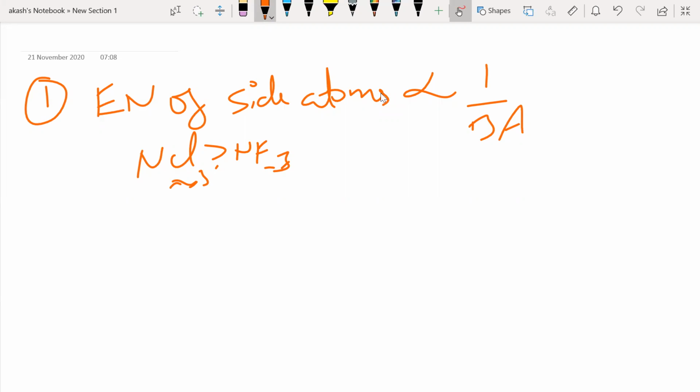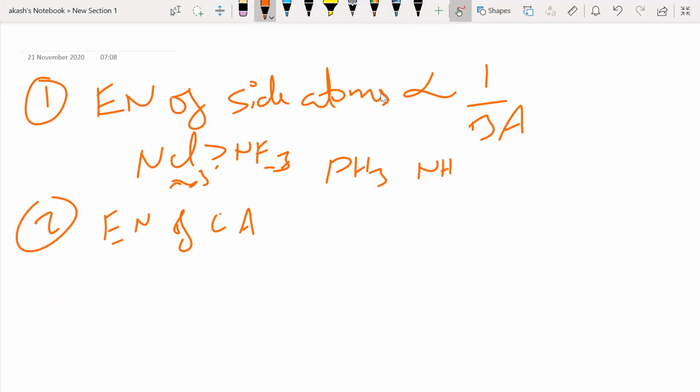Second thing is the electronegativity of the central atom, if I put Ca for central atom. Now you can remember I had PH3 and NH3, or PCl3 and NCl3, whatever it is.